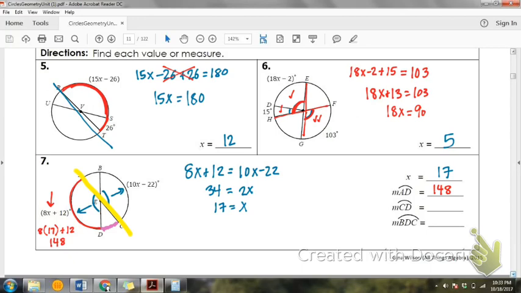Right, and I already know that this one over here, I said is 148. So if it's 148, and together they have to make 180 degrees, right? So if I subtract this 148 from 180, that's going to leave me with what's left for CD. So 180 minus 148 leaves me with 32.